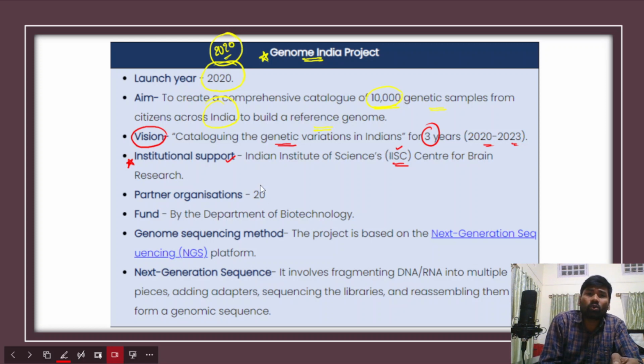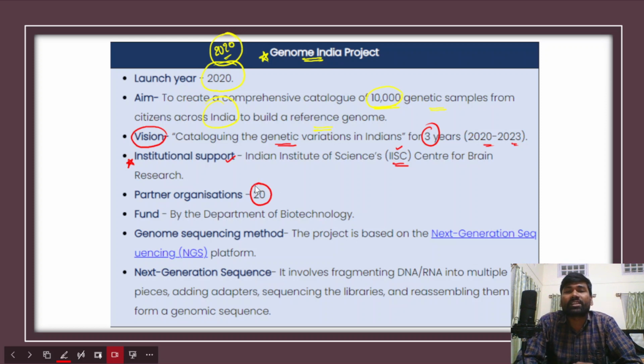Overall, 20 organizations have partnered with this Genome India project. So ultimately, this is not the initiative of one particular organization; rather, multiple organizations have been involved in the Genome India project. Okay, so it is funded by the Department of Biotechnology.